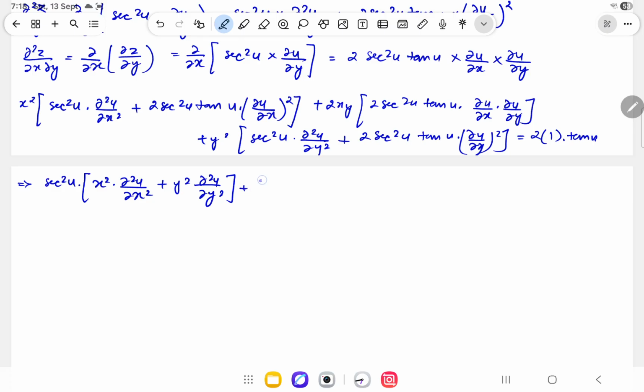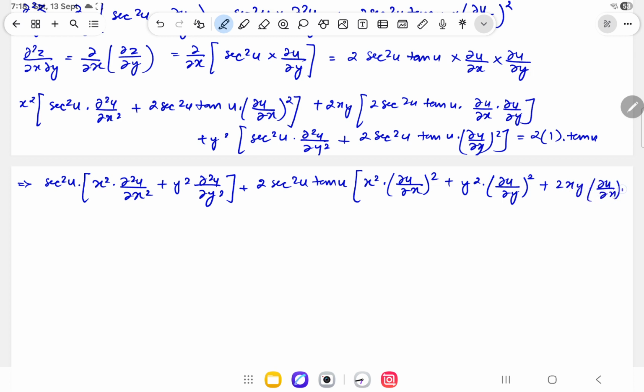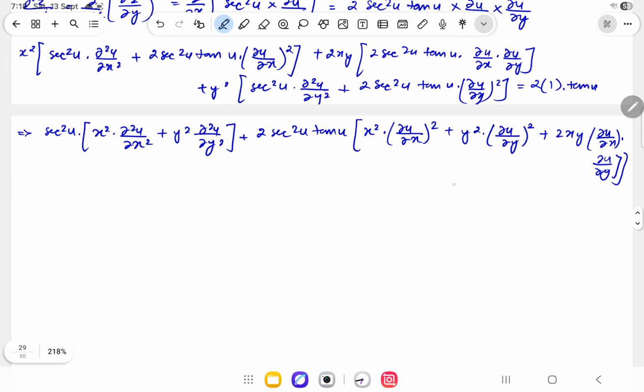Likewise, I can take common 2 sec square u tan u, so I'll be left with x square into del u by del x whole square plus y square into del u by del y whole square plus 2xy into del u by del x into del u by del y, and this whole thing is equal to 2 tan u.